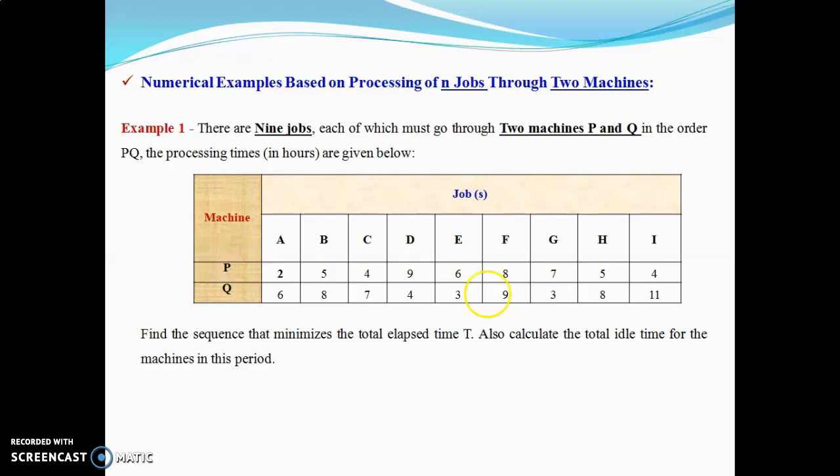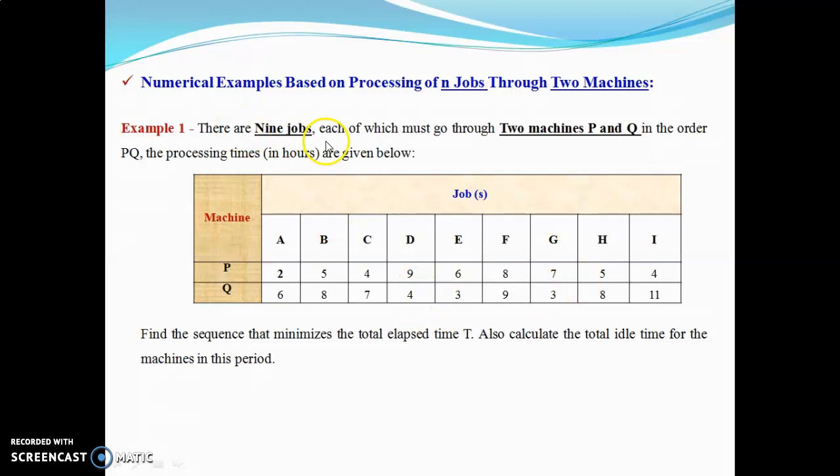In this example, there are 9 jobs, A, B and so on up to I, and only 2 machines, that is P and Q. These are the processing times of the jobs.